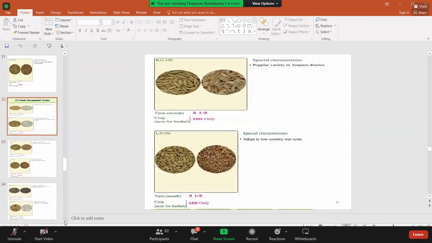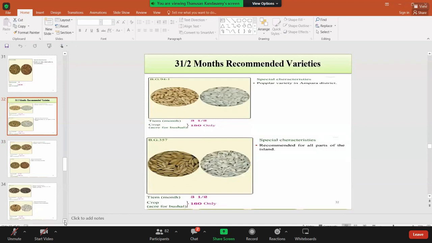Next, we will see the 3.5 month varieties, not 3 and a half. This means 3.5 month recommended varieties. BG 359, BG357. Special characteristics: purple variety in Ampara district and recommended for the whole part of the land.